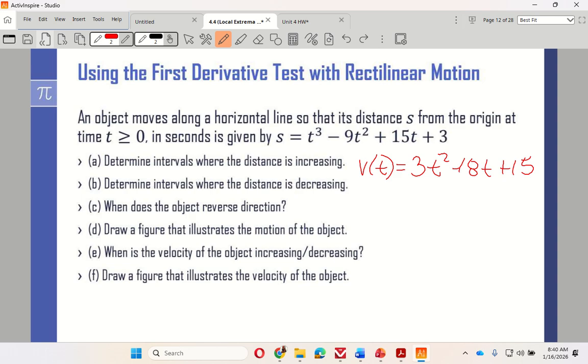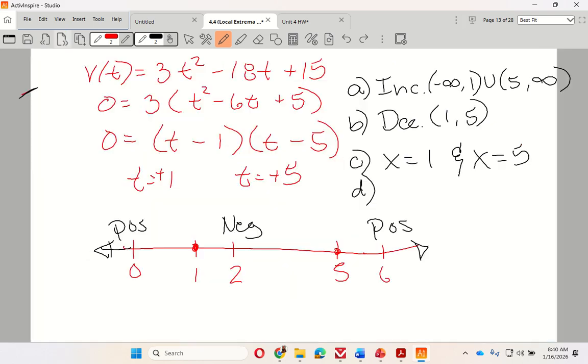Draw a figure that illustrates the motion of the object. So this is probably going to be one of the key things that is going to help you out later on. But it's not the derivative. I use the derivative to find all the motions, but now let's plug it into my position instead. So from 0 to 1.